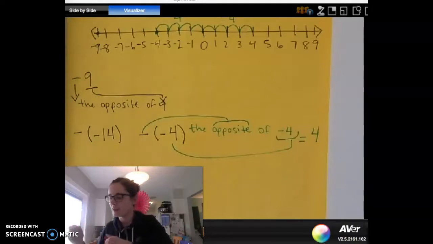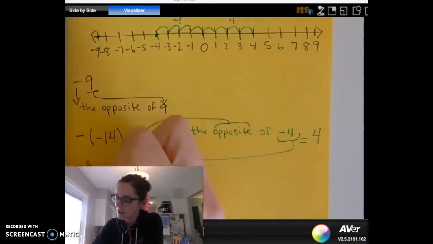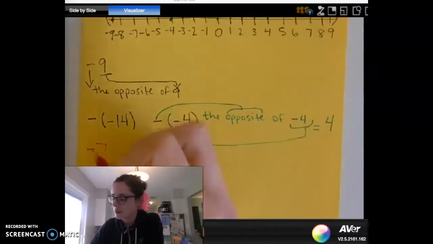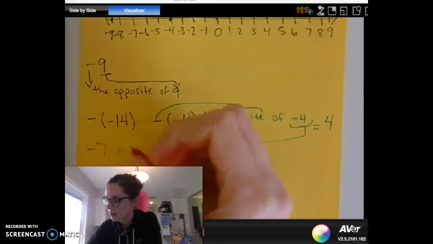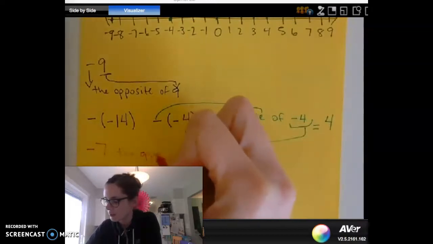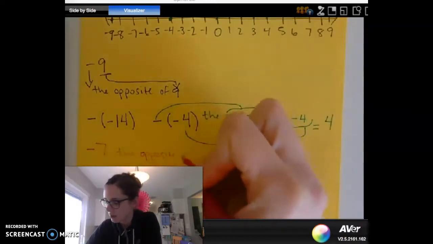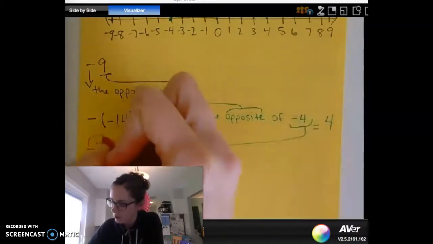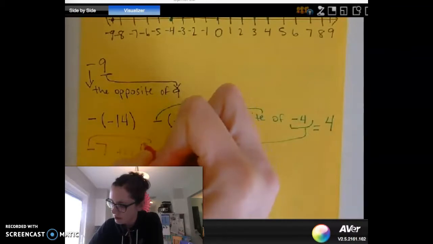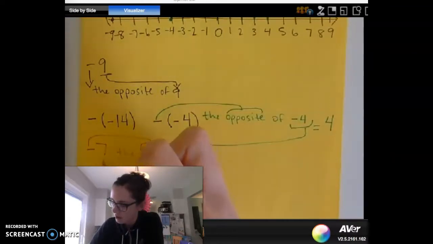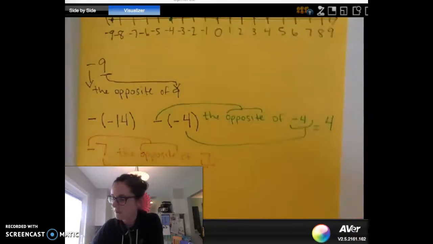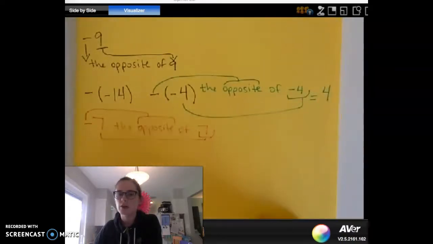Let's do -7. If I have -7, I know that it is the opposite of 7. Okay, so let me show you that on my number line.